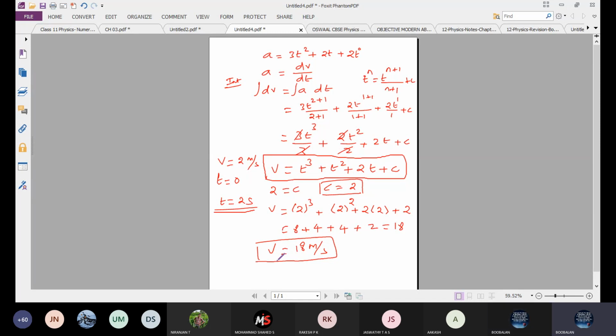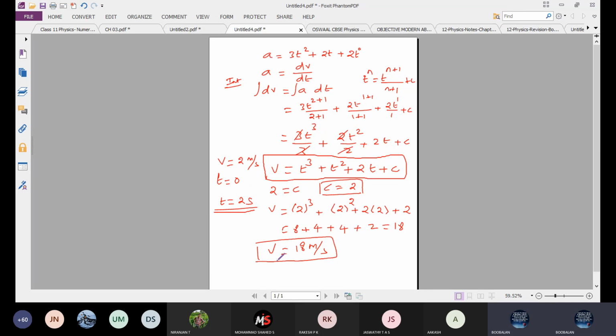Okay, take notes. In this week's test portion, chapter number 2, units and measurement, that is a theoretical test. MCQ test, vectors and scalars. Just revising the syllabus is enough, you will get good marks.